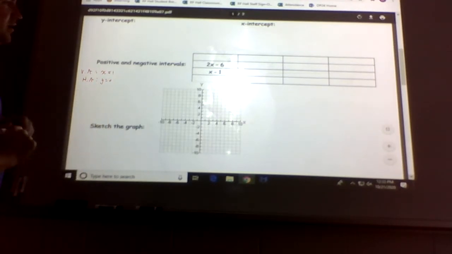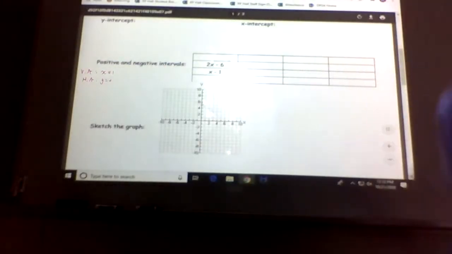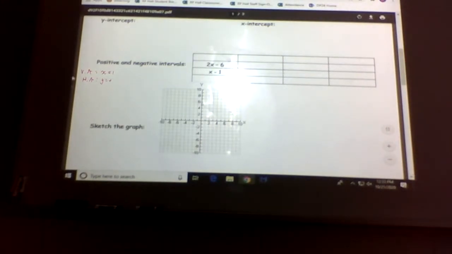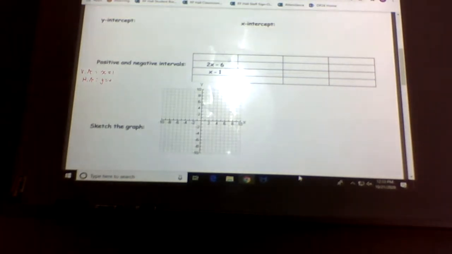Okay, now we're going to find the y-intercept. To find any y-intercept, the x is always 0. So what we do is we plug in 0 for our x values.